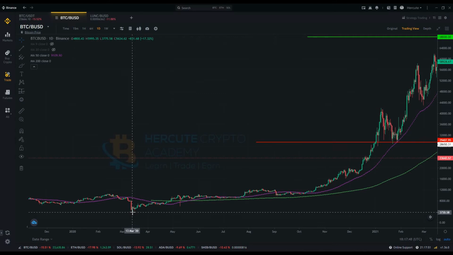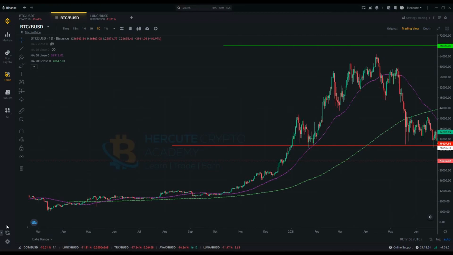Then, when the bull run started in March, because halvening was happening, look what happened. In 1 year and 6 months, it was a pure uptrend. Can you see what happened? The market went all the way up, went to 19,000, went to 41,000, then retraced a little bit to 29,000, then continued pumping, went to 58,000, retraced back, then went again to 61,000, retraced back, and went to an all-time high of 65,000.